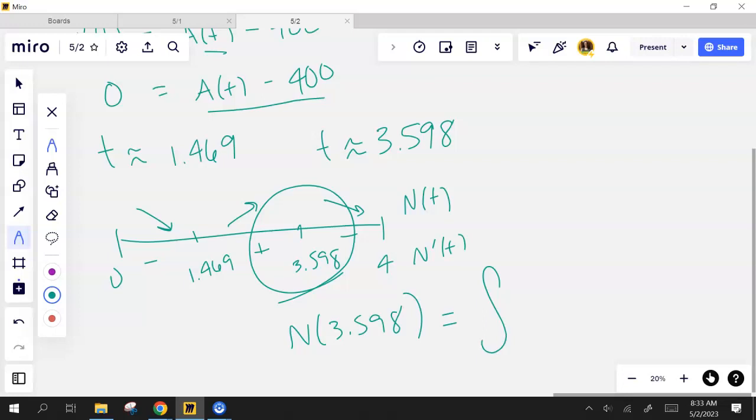A line forms whenever A of t is greater than or equal to 400. So yes, your t is 3.598.